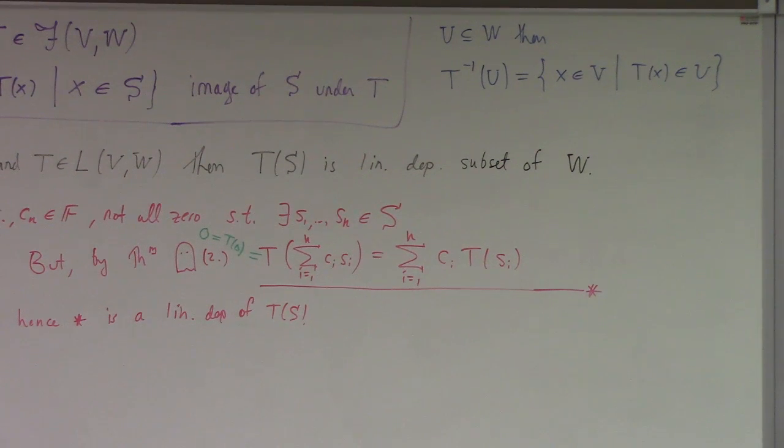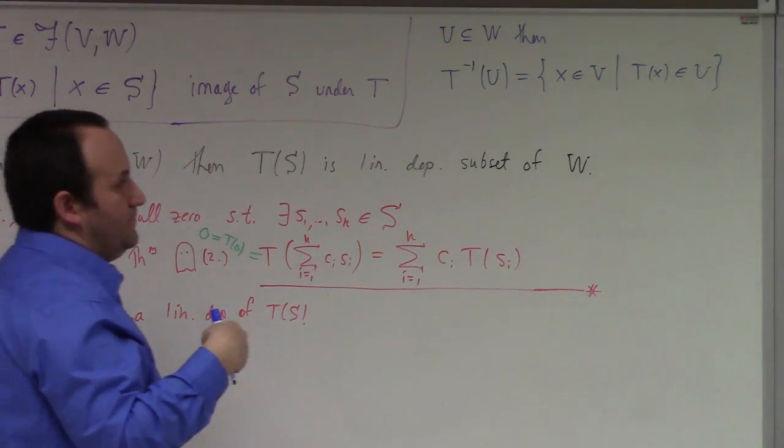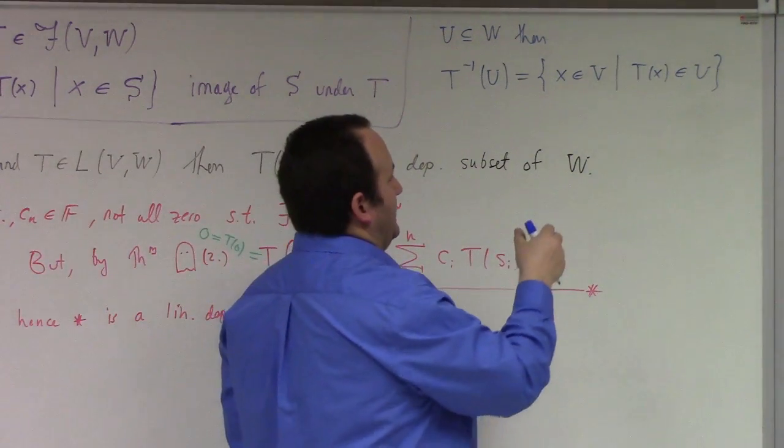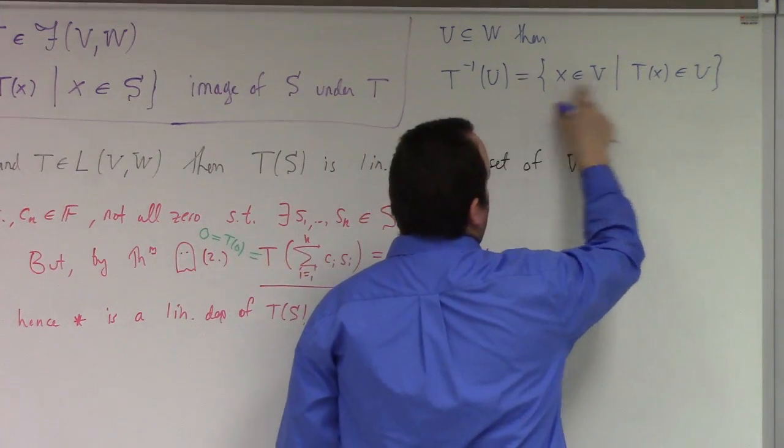I'll repeat that. The inverse image of something in the codomain is the subset of the domain which actually maps to that set.